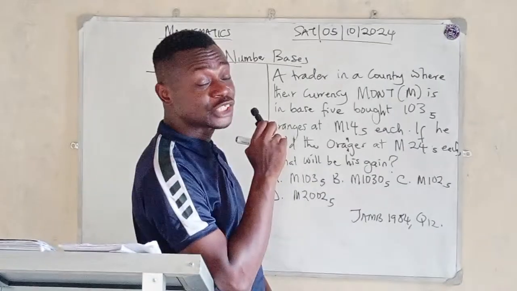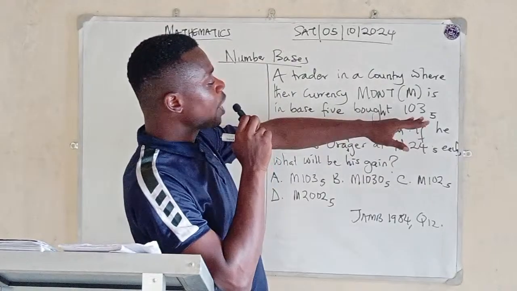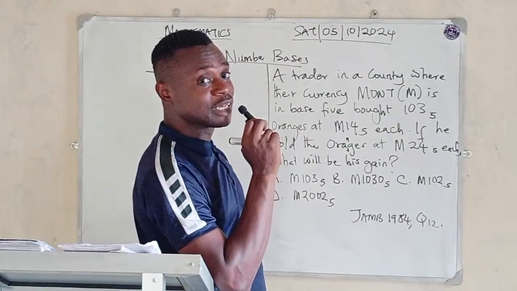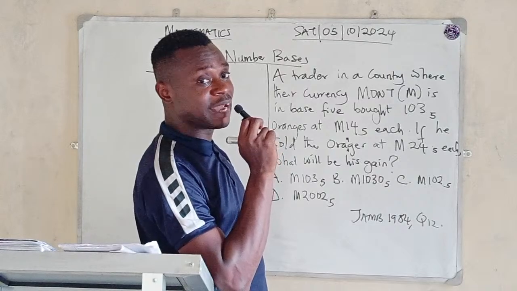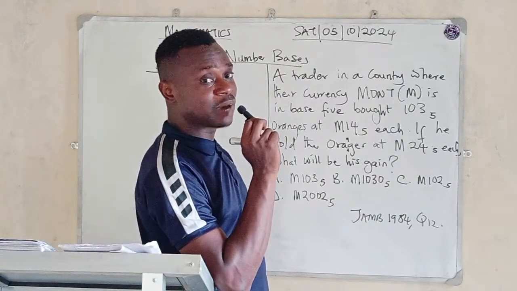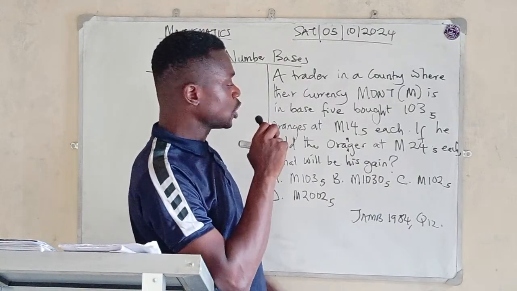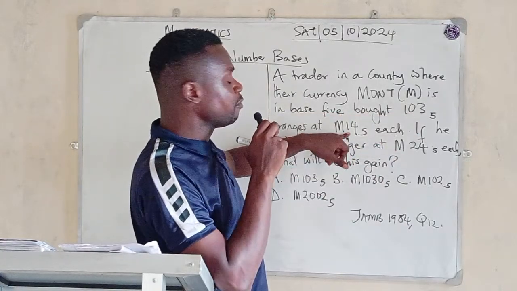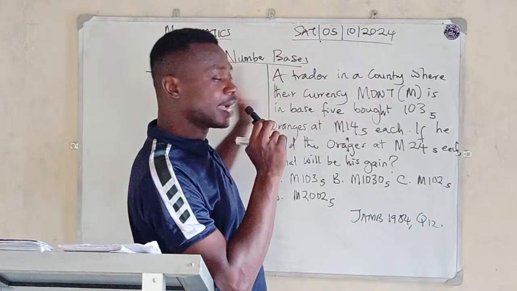That's the cost of each orange. But he bought 103 to base 5 oranges. So if you want to take the total amount of money he spent buying the oranges, the cost price of all the oranges, we multiply this 103 to base 5 by M14 to base 5 and keep it.